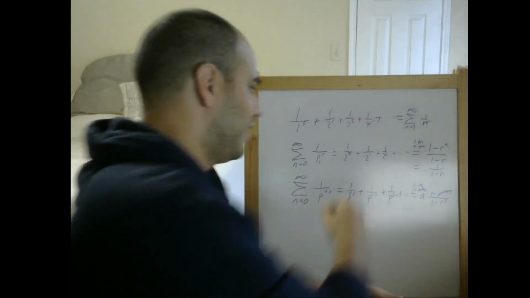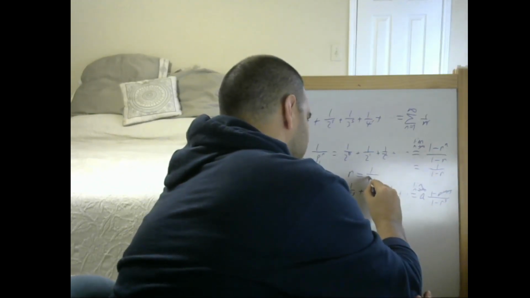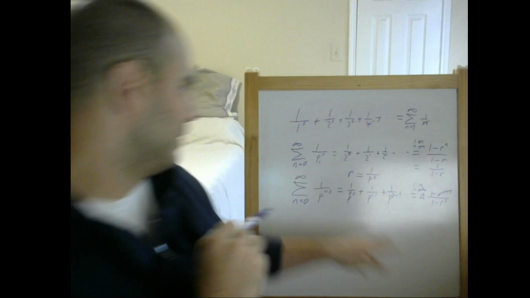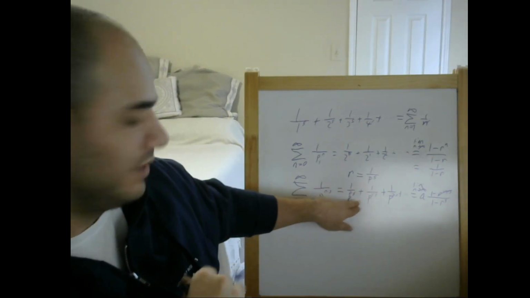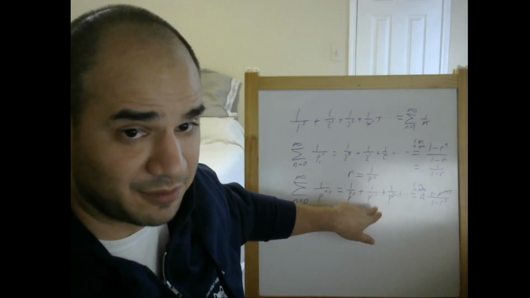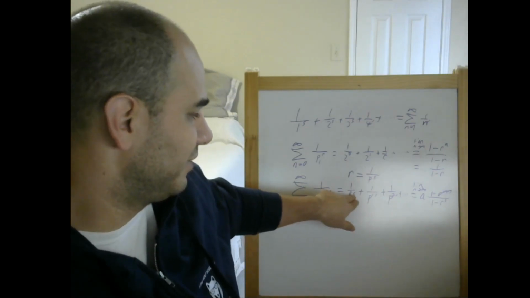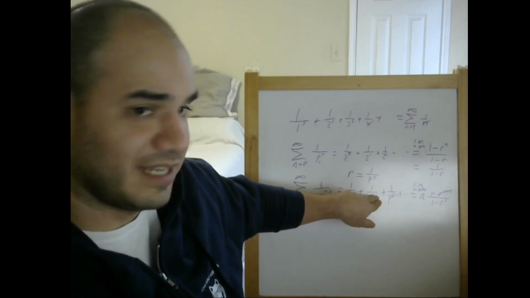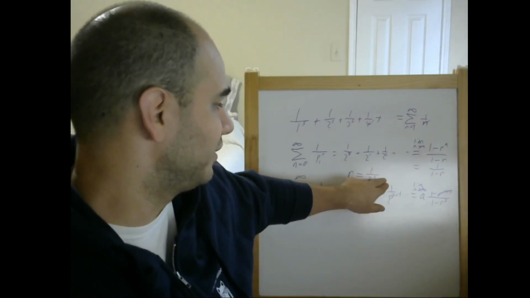So R is equal to 1 over p to the s. So each term was the previous term multiplied by 1 over p to the s. Right? So p to the 0s, p to the 1s, p to the 2s, and so forth. So this is our ratio.